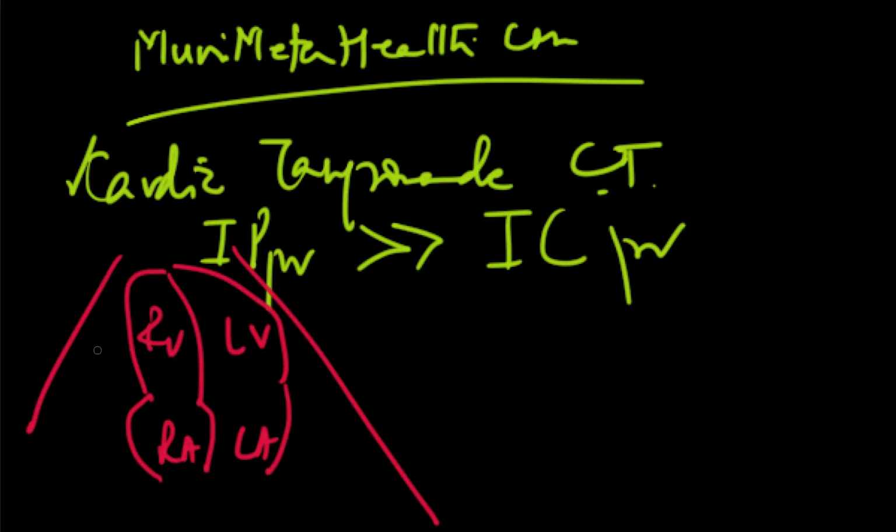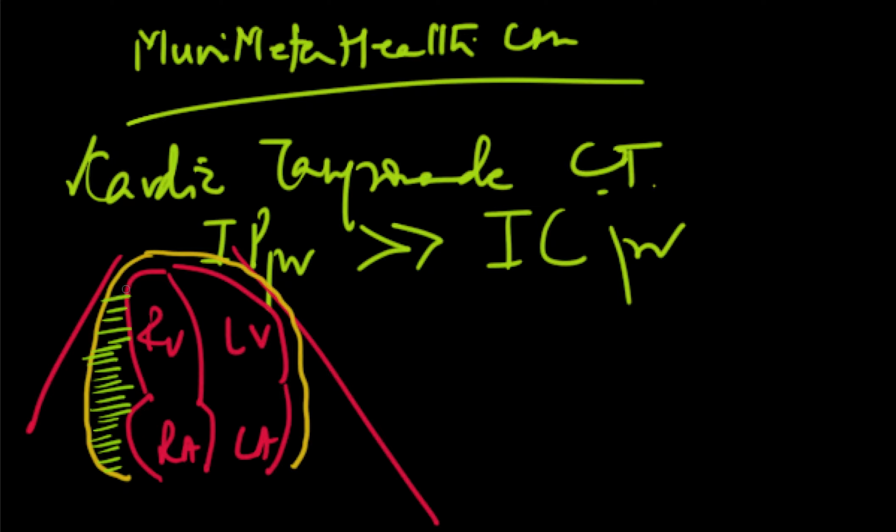Now, let's try to draw a pericardial effusion here, for instance. This will be the pericardial effusion, and the fluid accumulates rather rapidly, which we'll talk about in a second. That fluid tends to be somewhere here, outside, between the visceral and the parietal layer. Remember, the visceral layer is running right next to the myocardium here, and this is the pericardial layer. So the fluid is all around the heart, as you see.